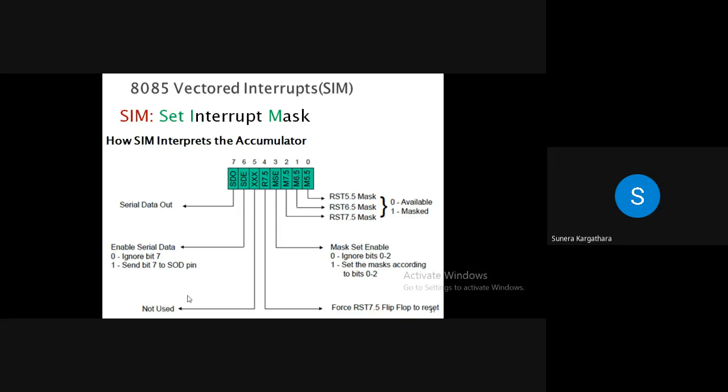Student, there are two possibilities for your unused bit. Here you can put don't care, meaning whether it is 0 or 1 will make no difference, and NC, not connected. NC can be there, and not used also. Not used means you put don't care. NC means you are not giving any logic.